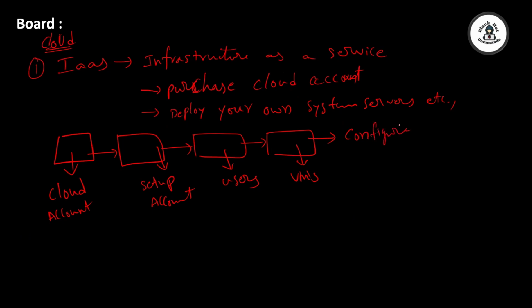If I want 16 GB RAM, 32 TB storage, 256 SSD, whatever configuration is required, I will set up myself from scratch. So setting up your cloud account from scratch is called IaaS.